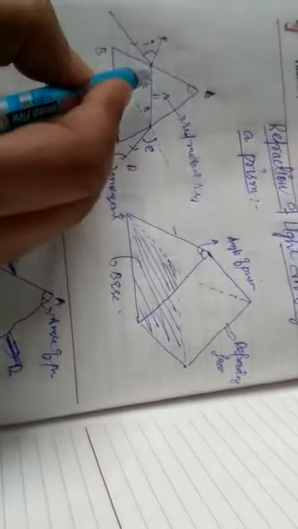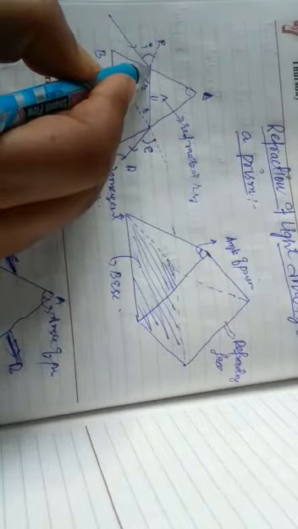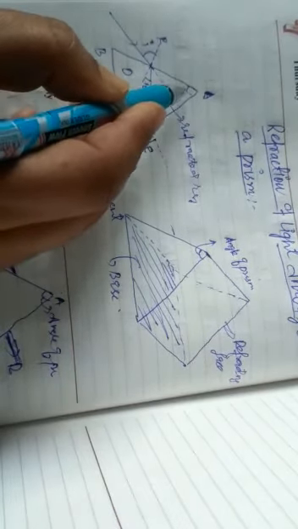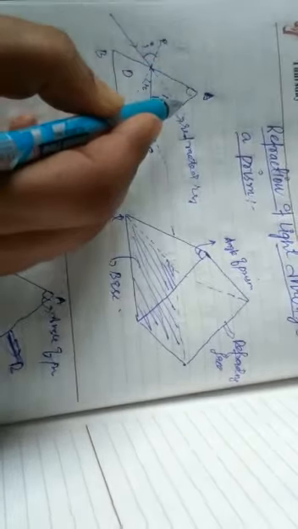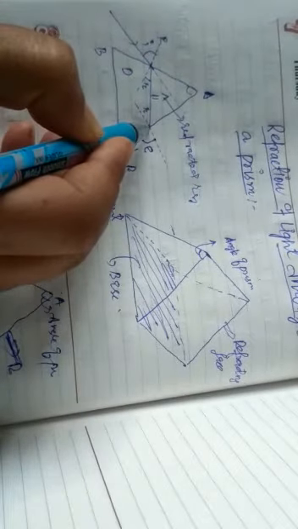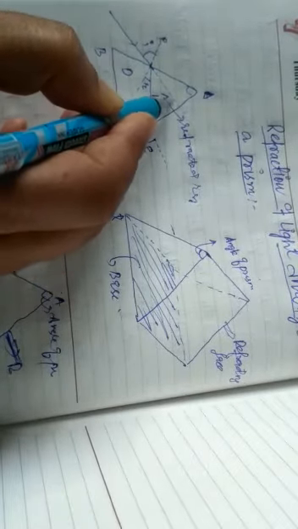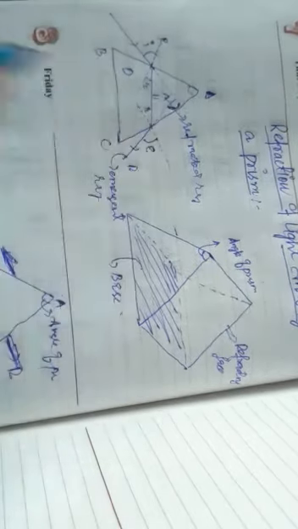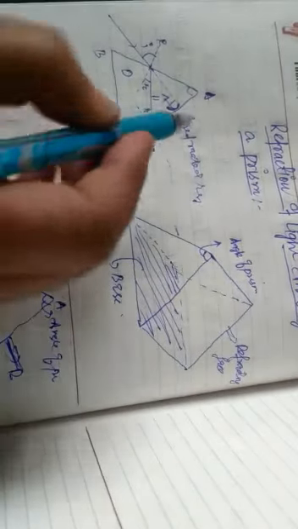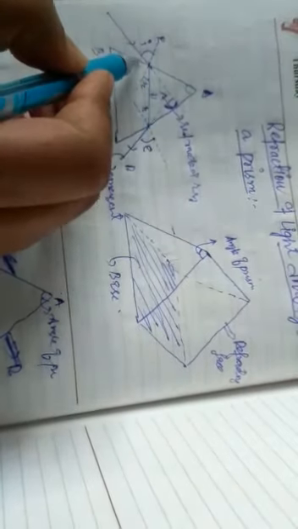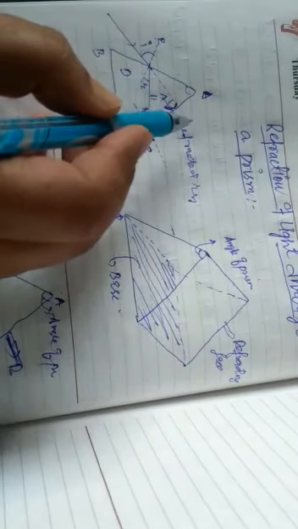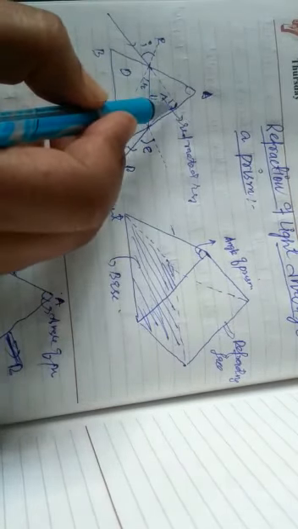Now there is one more thing that you have to read. If this ray is produced forward, it is going to move like this, had the presence of this face not been there. And if we produce the emergent ray backward, they will meet here, and this angle is called the angle of deviation.